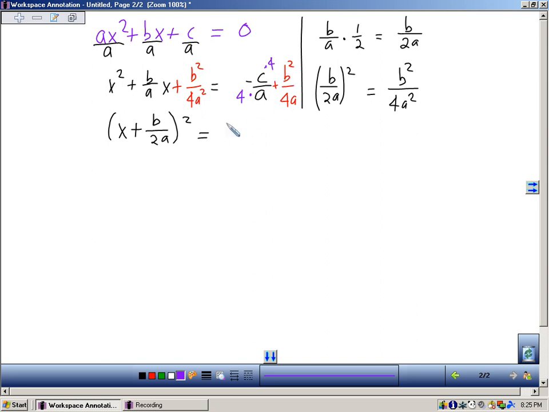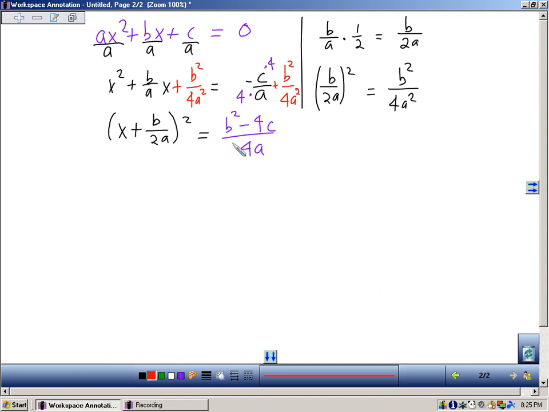Cleaning this up, you end up with b squared minus 4c over 4a. Now, there's a slight error here. This b squared, I forgot the square. So let me clean this up. It has the square, and so that means that this has to be 4a squared.